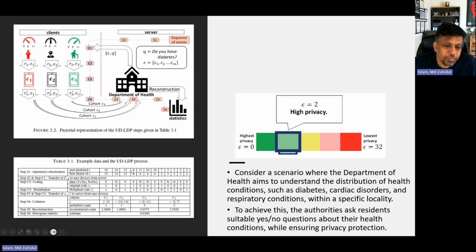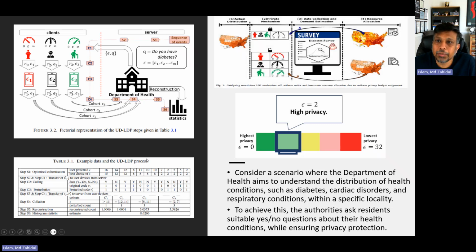So why do we want to do that? First, let me explain, because this figure came up. Imagine this is the United States and it is color coded, let's say, by concentration of diabetic patients. I don't know, darker color means more, and lighter color means fewer diabetic patients. It's a symbolic figure only.